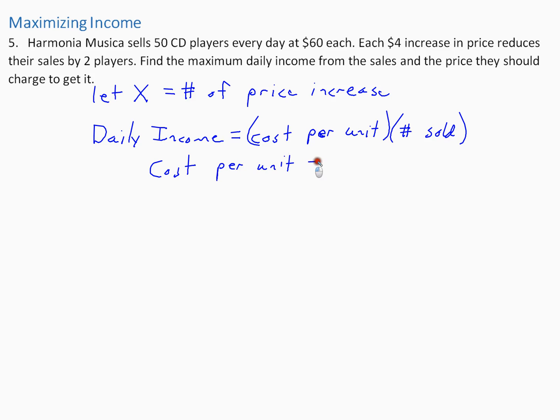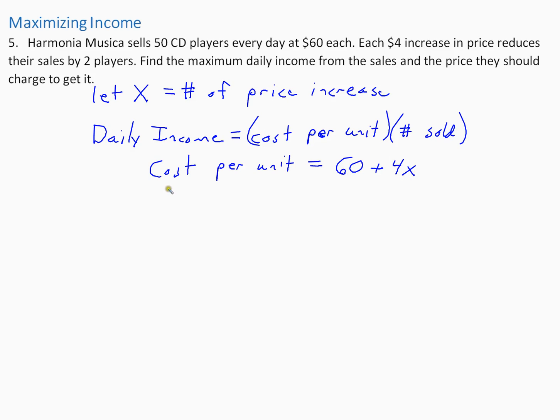Our cost per unit originally started at 60, but we're going to keep increasing by 4 on each price increase. So we're not just adding 4; we're adding 4 the first time, but then 2 price increases would be 4 times 2, which is 8. 3 increases would be 4 times 3. So we're going to do 4 times our number of price increases.